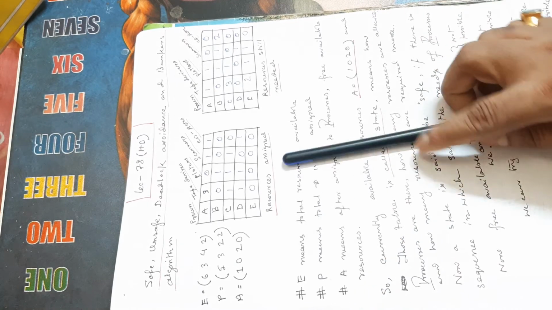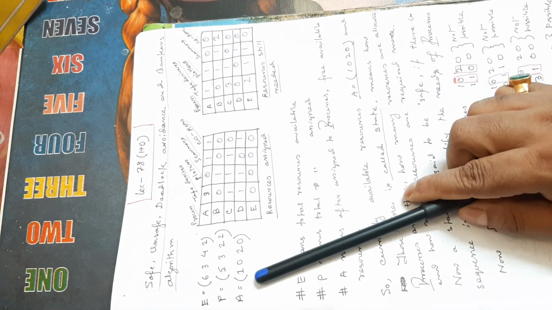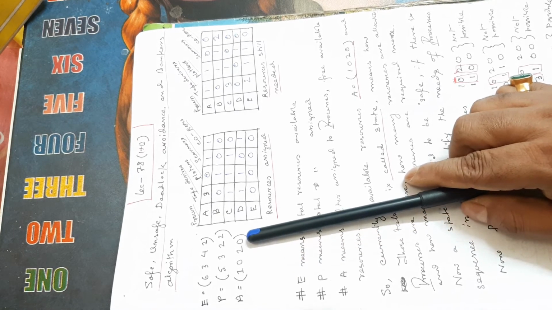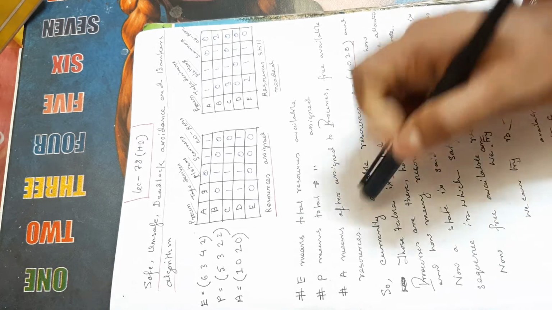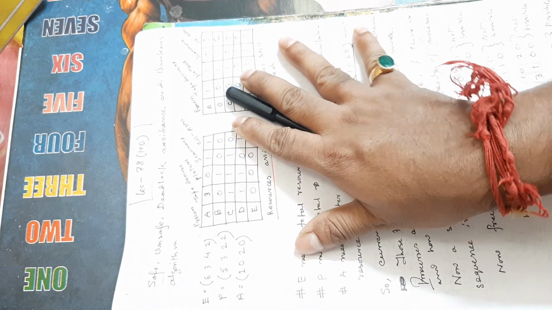So how many resources are right now available in your system? That is 1020. That is 1 tape drive, no plotter is available, 2 scanners are available, and 0 CD-ROMs are available. There are so many ways the question is given in your examination, not every time in matrix form.